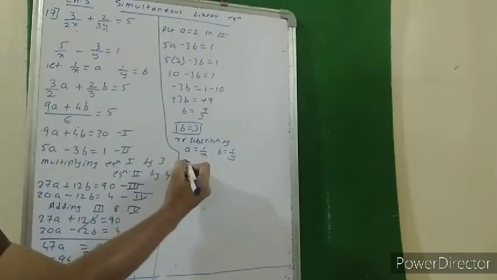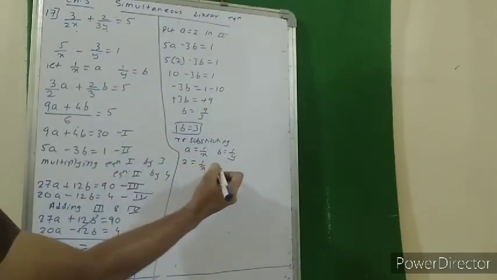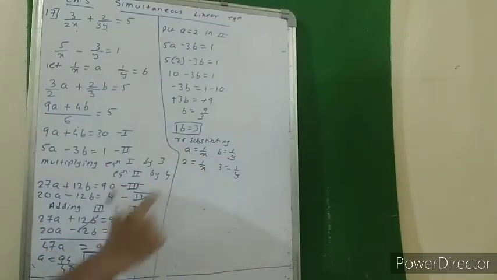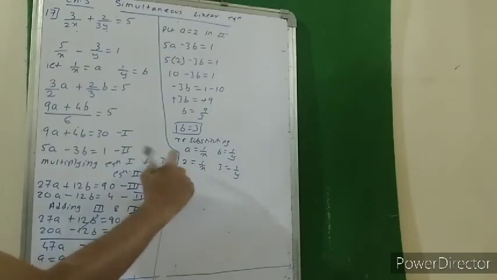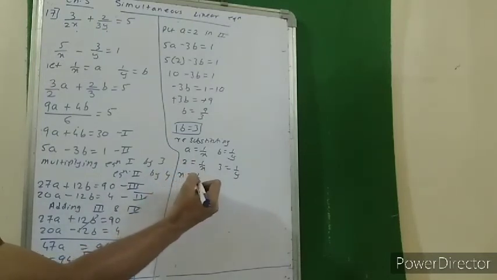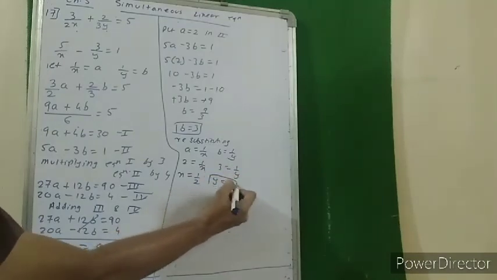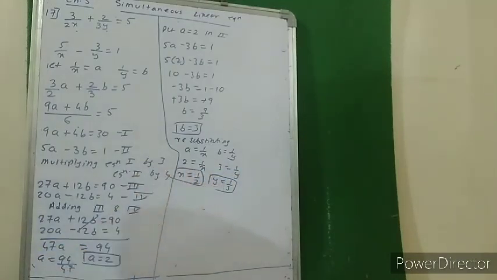The value of a was 2, which is equal to 1 upon x, and 3 is equal to 1 upon y. So x is equal to 1 upon 2, and y is equal to 1 upon 3. Okay. So for the 17th one, we have the solution x is equal to 1 upon 2 and y is equal to 1 upon 3.